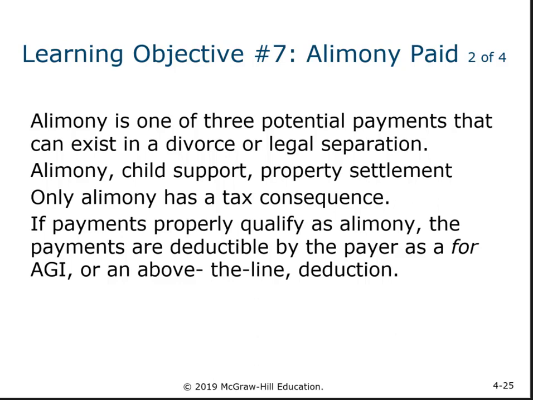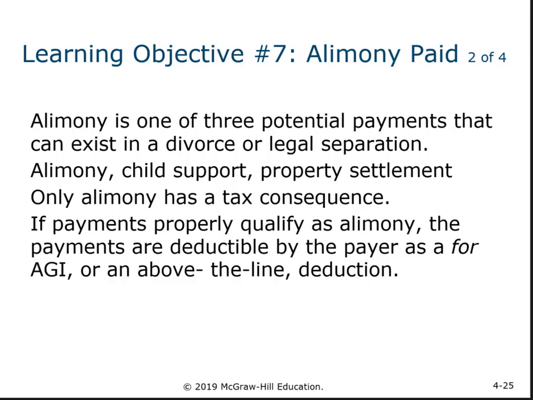Prior to 2019, only alimony had a tax consequence. Okay? They have to qualify as alimony, so they have to be designated as such. If they don't in the agreement, then you have to look at whether it is treated like child support, meaning child support is something that may be specifically stated in the agreement, but it also may be something that ends when a child reaches age 18 or 21.